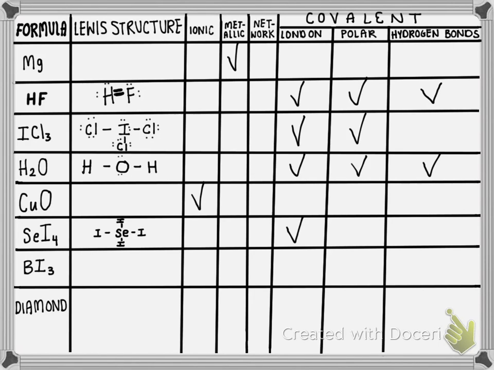Okay, and if you do the math, it should be around 6 plus 4 times 7, which is 34, minus 8 because of the bonds, which leaves you 26. So let's start distributing.